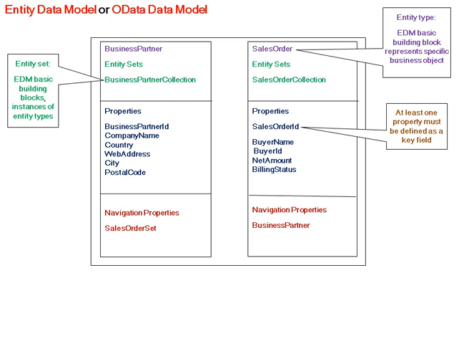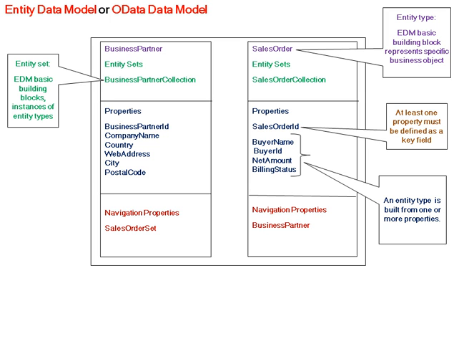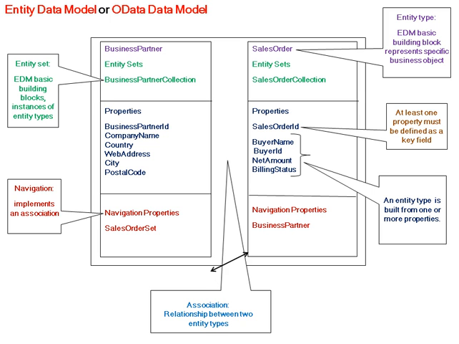At least one property must be defined as a key field in an entity type. An entity type is built from one or more properties, as we know. A navigation property implements an association, and an association is a relationship between two entity types.